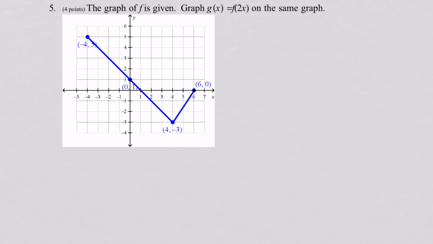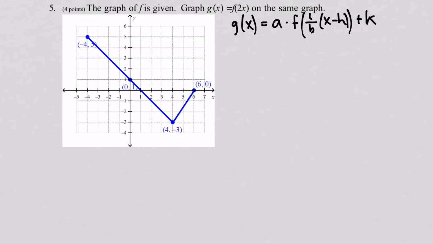Okay, so since I'm talking about transformations, what I'm going to start with is by writing the basic transformation function, right? If there's a function called f of x, g of x, which is a transformation of f of x, is determined by this: a times f of 1 over b times x minus h, plus k.